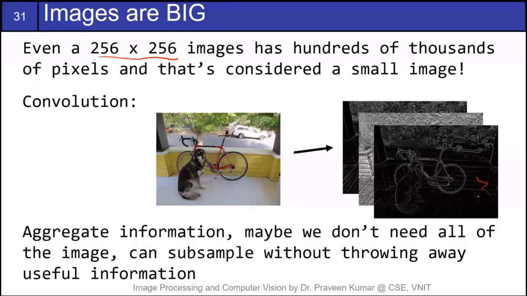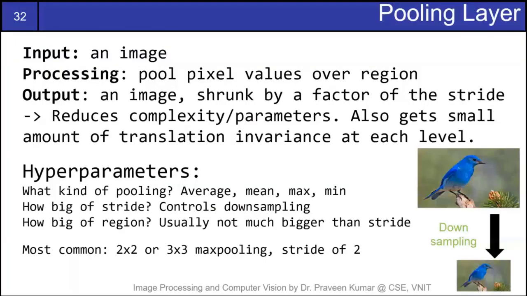So one idea is to just downsample it, just subsample it, and that is what is done in the pooling layer. We shrink the output or the image by a factor. So we take a stride. We'll show how this pooling layer works. But basically the idea is we reduce the number of parameters by reducing the size.